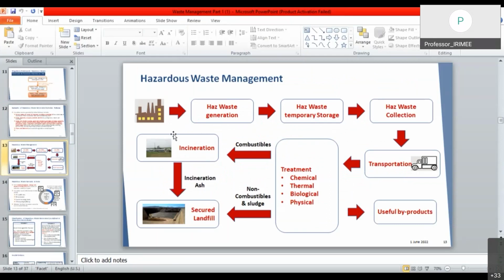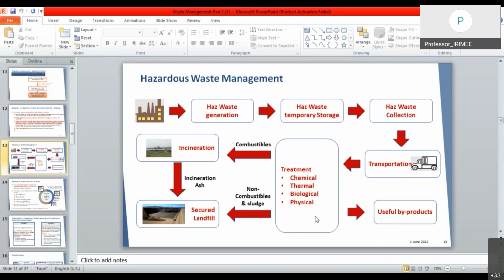Hazardous waste management. Waste is generated from the industry. This waste has to be sent to temporary storage first, from where hazardous waste is collected and transported to the treatment facility. After treatment, some useful byproducts are obtained.